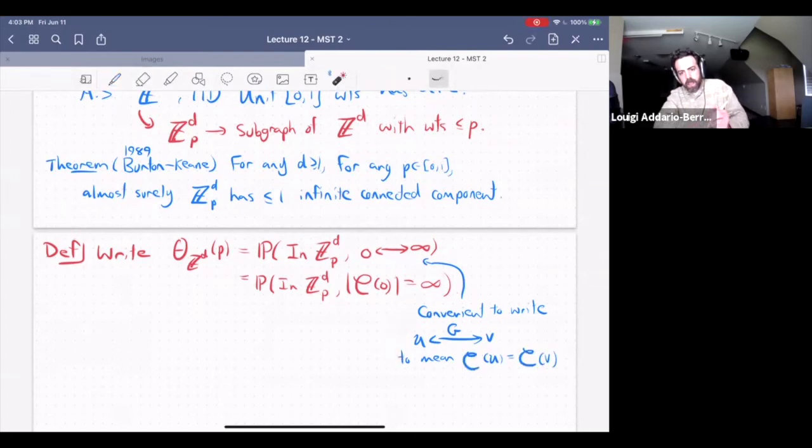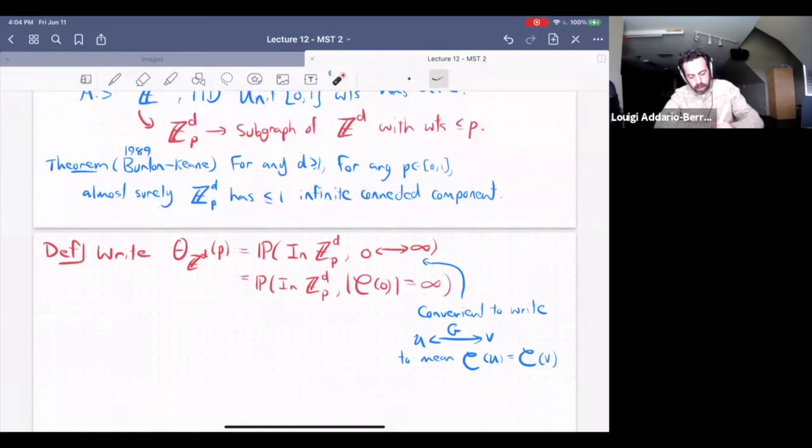This says that there's a path between u and v in the graph G, and then this is an extension of that notation to suggest that there's an arbitrarily long path starting from the origin, right? So there are paths of all lengths. The component is infinite. Okay.